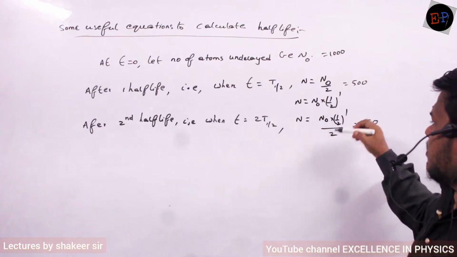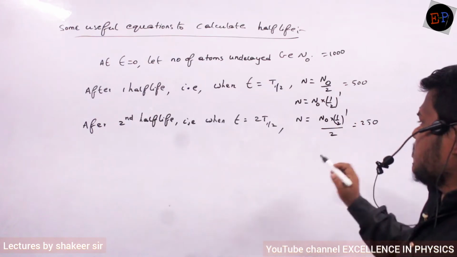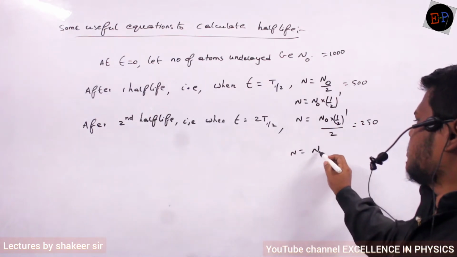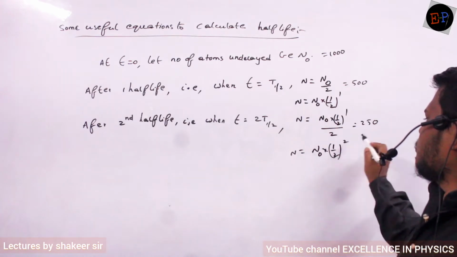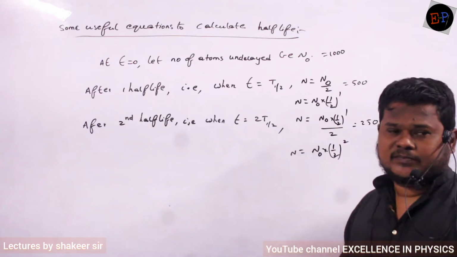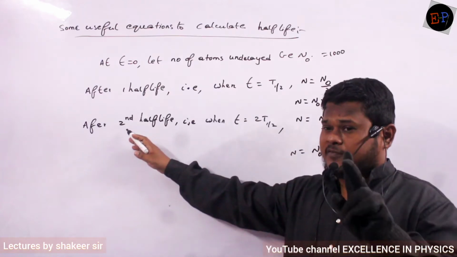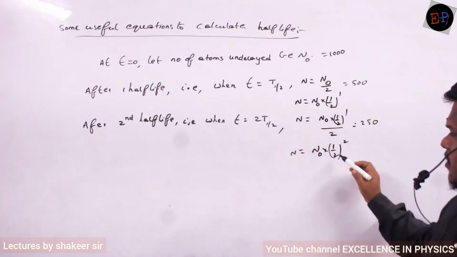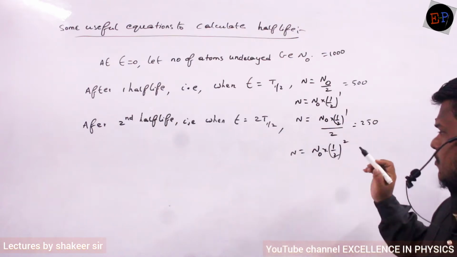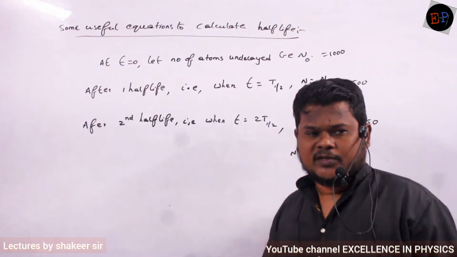It means 500 again I have to divide by 2. So this equation I can write as n naught multiplied by 1 by 2 power 1 plus 1, which is 2. So after two half-lives, first half-life and second half-life, the number of atoms available is n naught into 1 by 2 power 2, or 1 by 2 whole square.